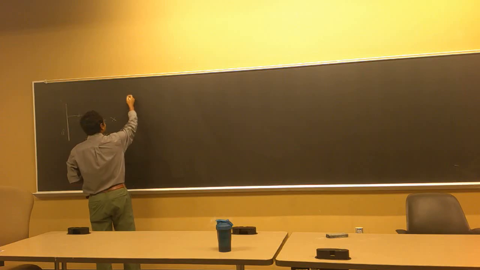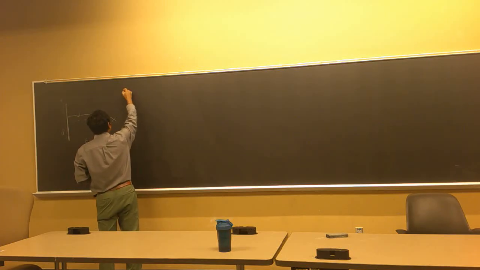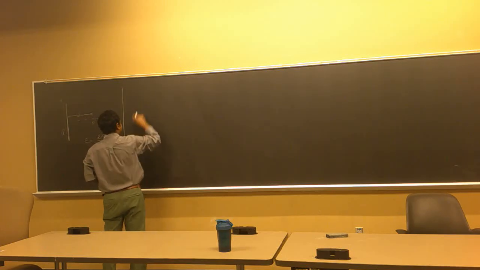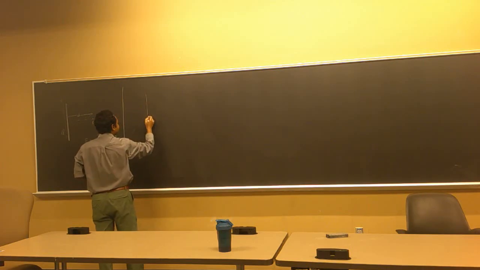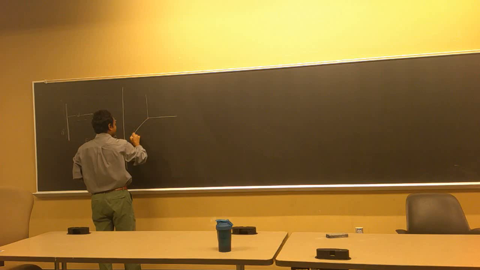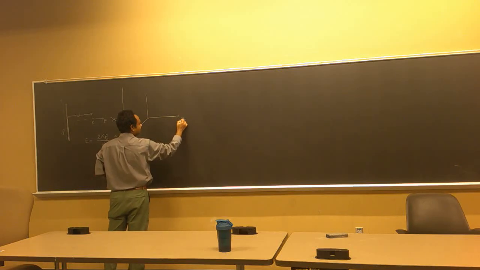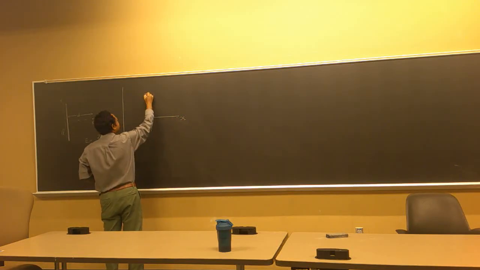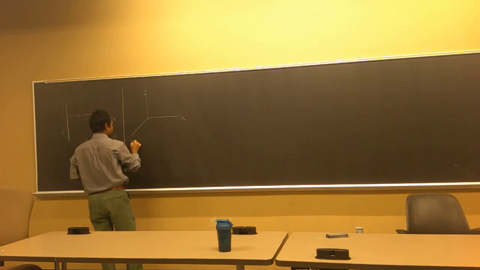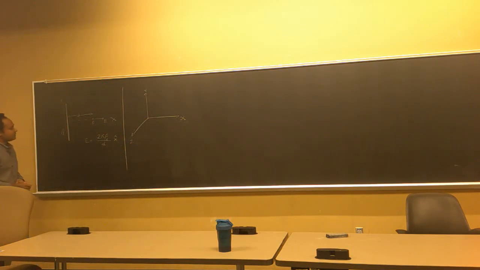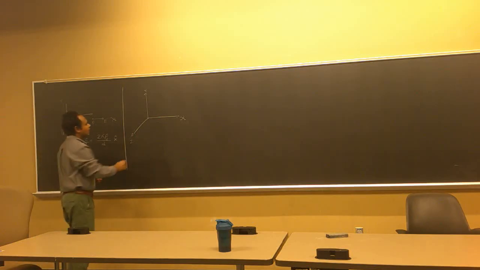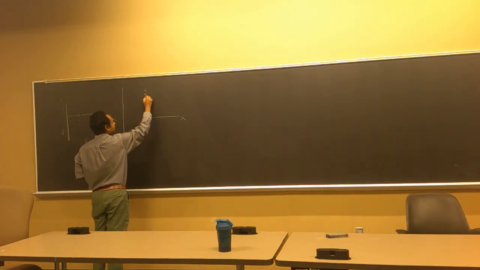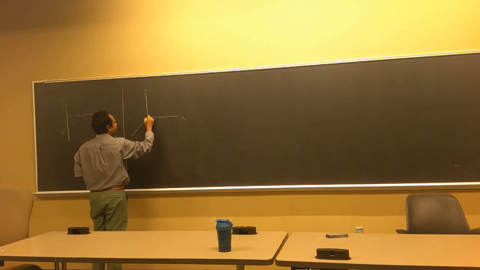So if I give you a problem like the following, let's say we have a three-dimensional space, x, y, z, and we have two long lines of wire.